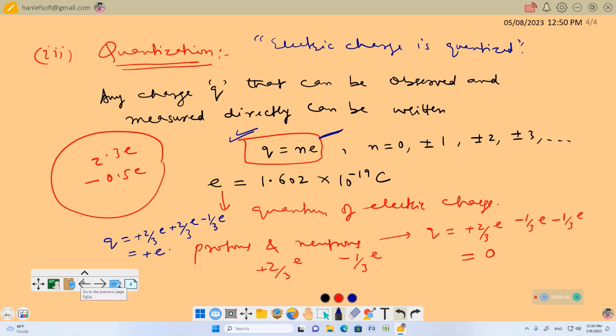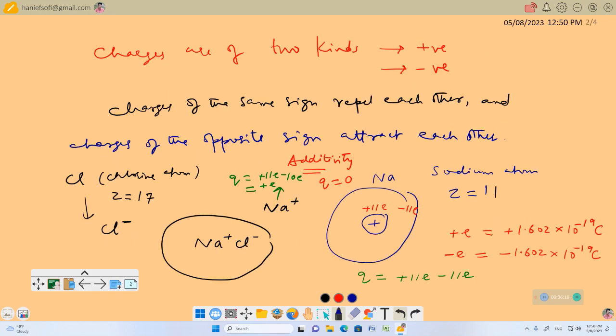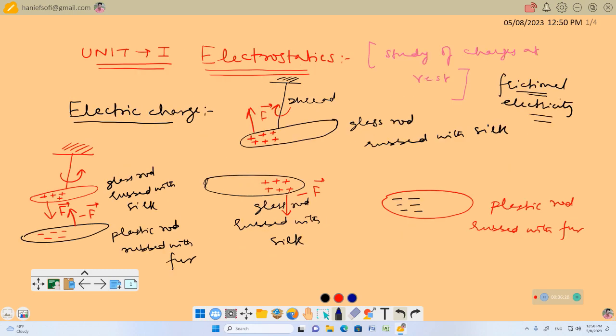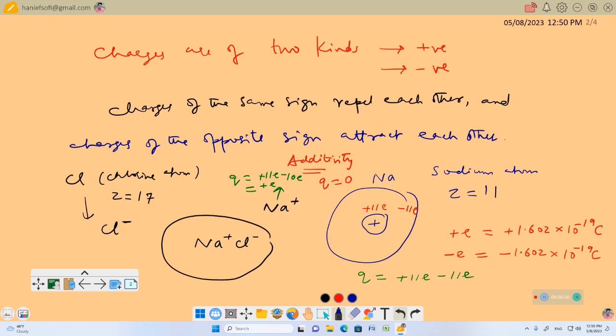So let me summarize my lecture before stopping. Charge is of two kinds. Because of that, there are two kinds of interactions. In the case of electric interaction, like charges repel, unlike charges attract. When bodies possess electric charge, they show interactions.